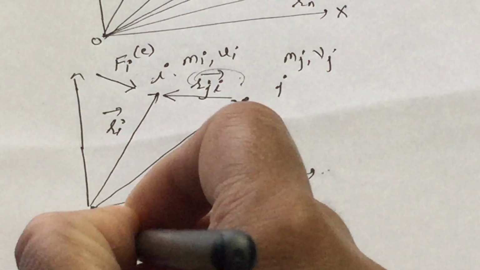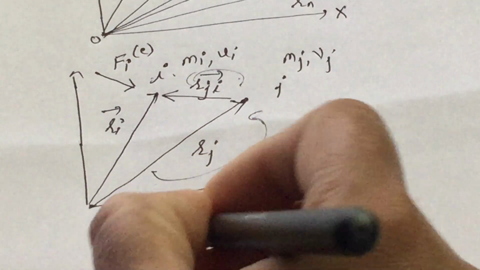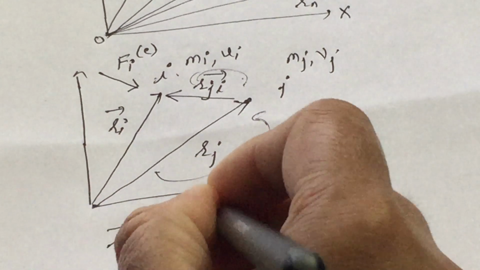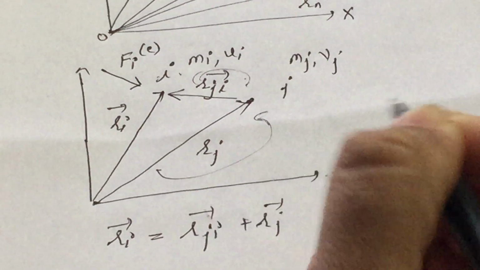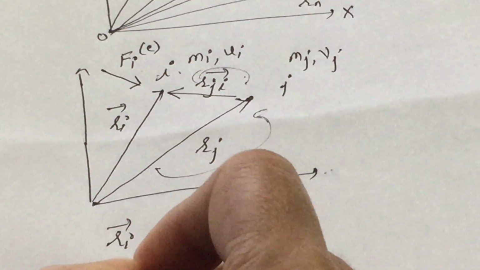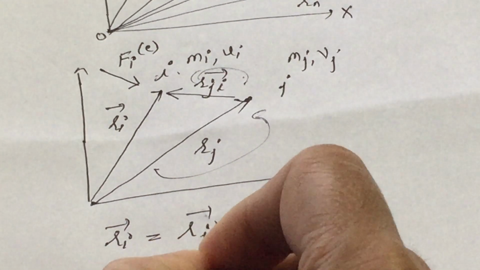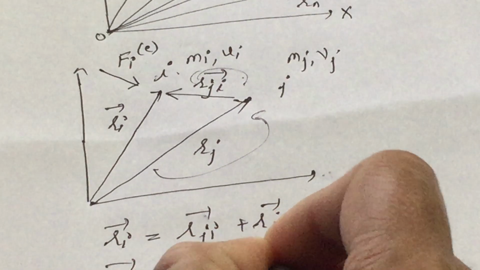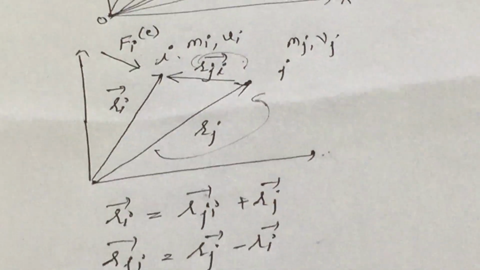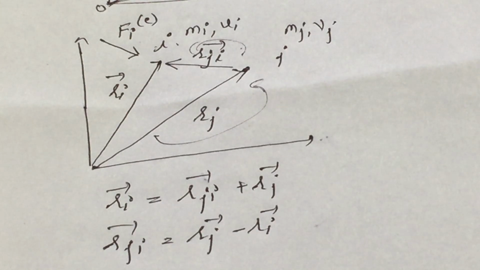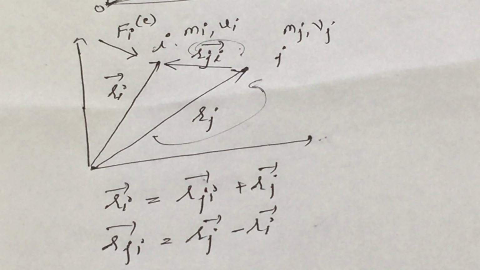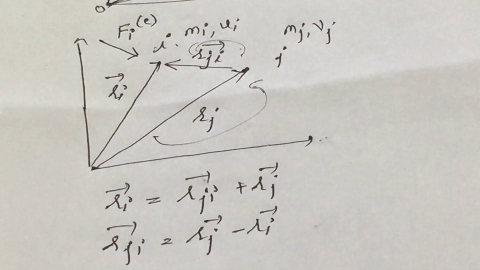It means Ri is equal to Rji plus Rj, or we can say that Rji is Rj minus Ri. This is the displacement vector, the distance between these two particles, the jth particle and the ith particle.